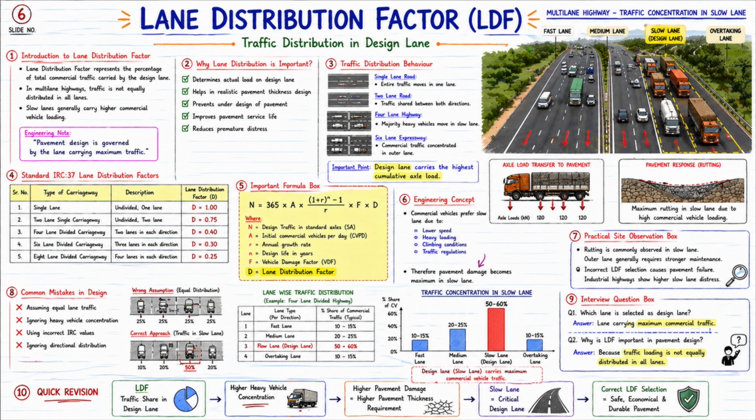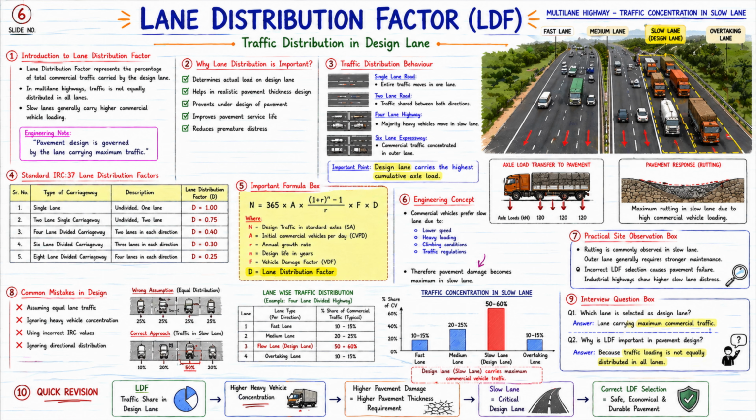Now let us look at the second topic. 2. Why is lane distribution important? Now the question comes, why is LDF so important? It determines the actual load on the design lane. That is, on which lane the actual heavy loading is taking place. It helps in realistic pavement thickness design. The pavement is designed according to real traffic conditions.